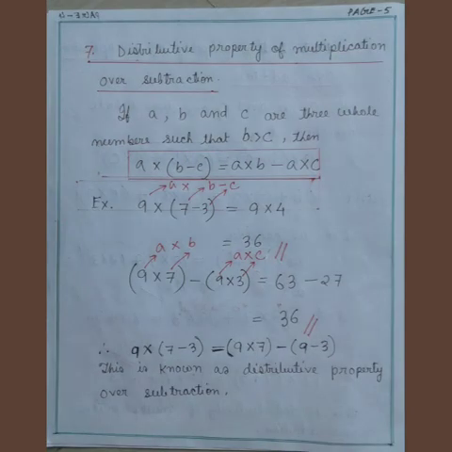Property number 7, distributive property of multiplication over subtraction. If A, B and C are three whole numbers and B has to be greater than C, then A into within bracket B minus C is equal to A into B minus A into C. We have taken one example. 9 into within bracket 7 minus 3, 7 minus 3 is 4.